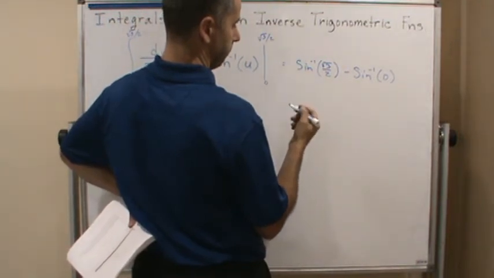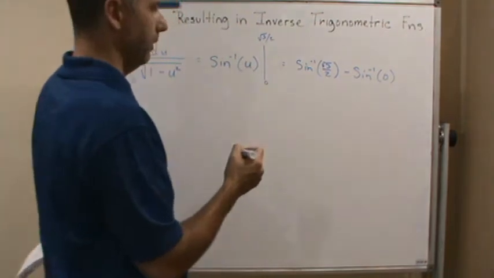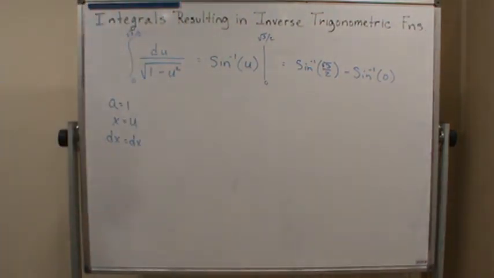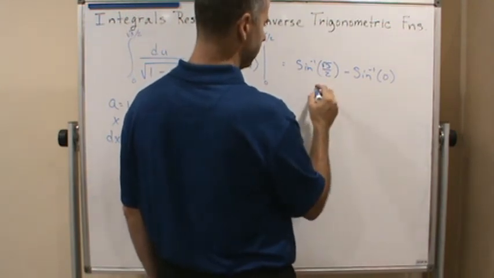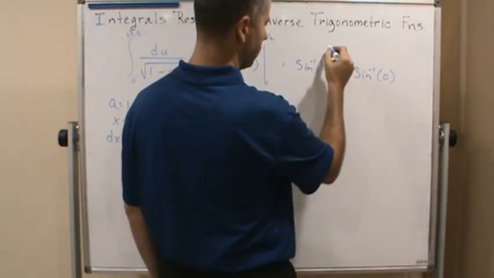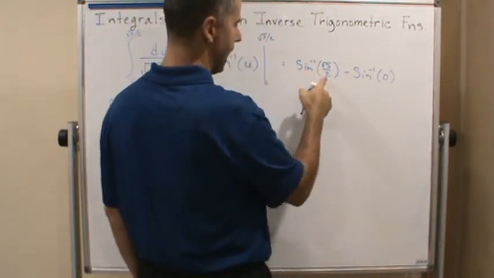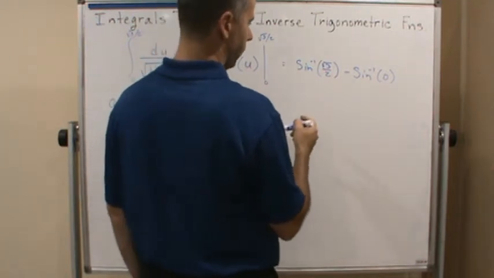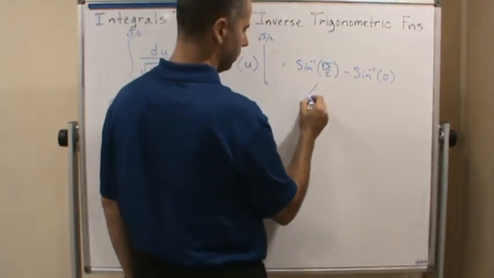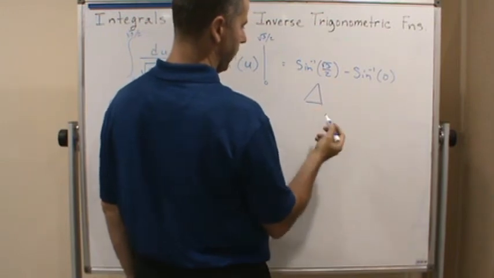Right? So this is going to be a 60-degree angle, right? But again, a 60-degree angle, if you think about radians, is what? Sine is positive, right, in the first quadrant. So this is going to be a 60-degree angle.